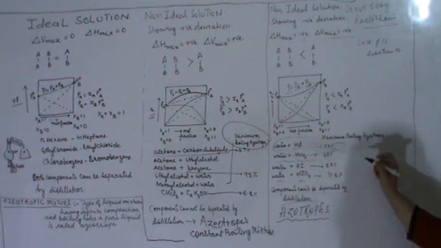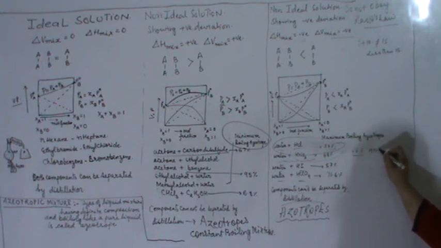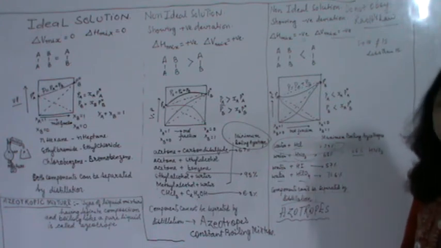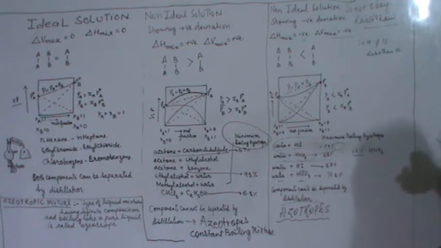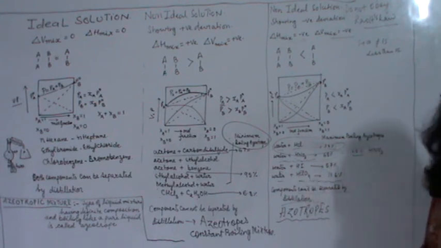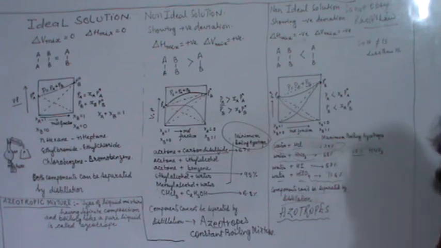Even in the lab, if you see the bottle of nitric acid, it is often written over there 68% nitric acid. It means in that bottle, if we take 100 ml of nitric acid, 68% is nitric acid and the rest is water. Similarly, with HClO4, the azeotrope is formed at a composition of 71.6%.